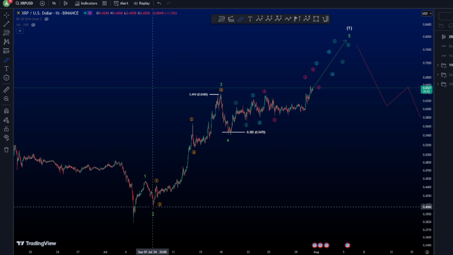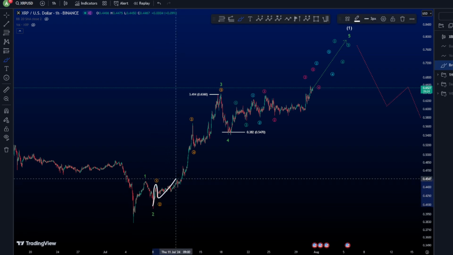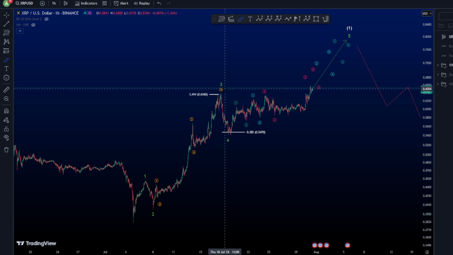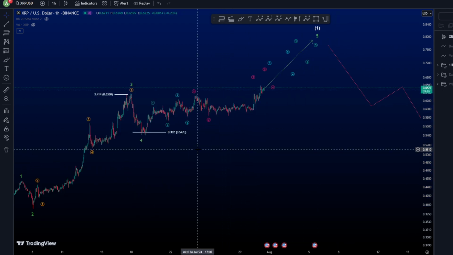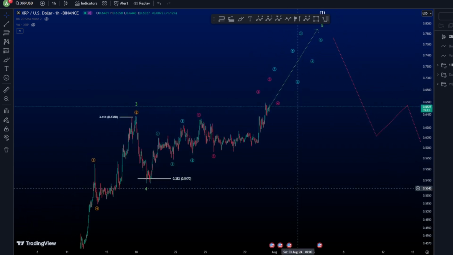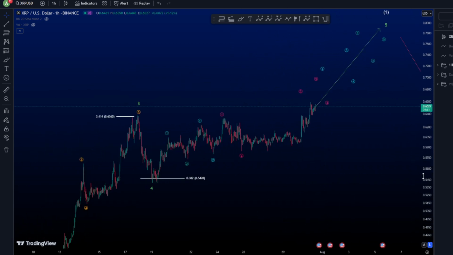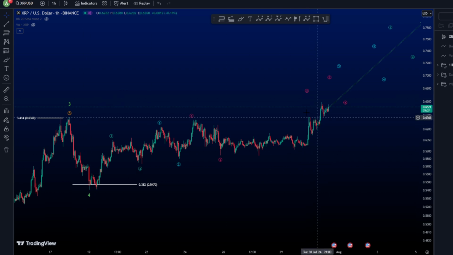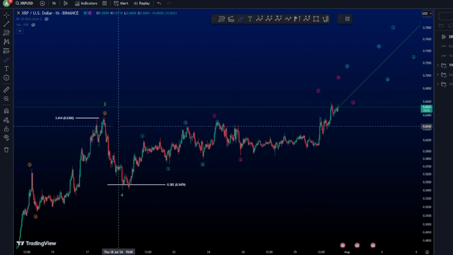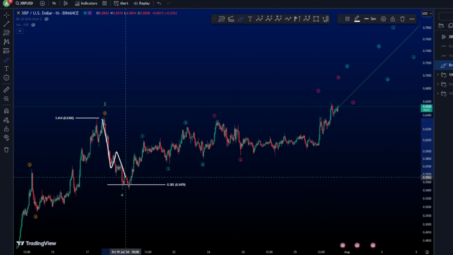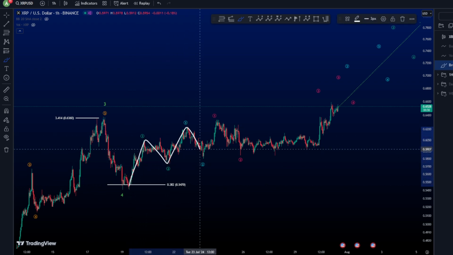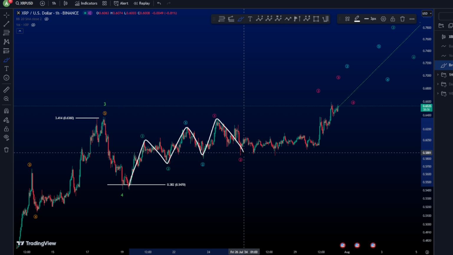Inside this impulse, we can see a smaller impulse in orange, 1, 2, 3, 4, and 5, finishing the wave 3 in green, and continuation towards the upside. Inside the wave 5, we can already see multiple 1-2s occurring. After having a correction of A, B, C in zigzag, we are looking for a 1-2 in teal, 1-2 in blue, and 1-2 in magenta.